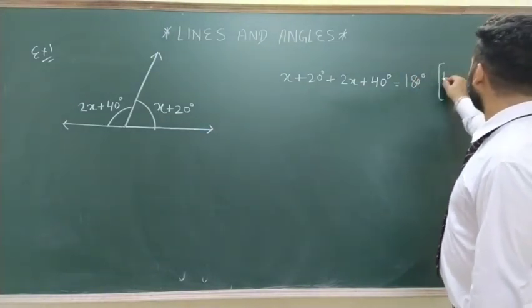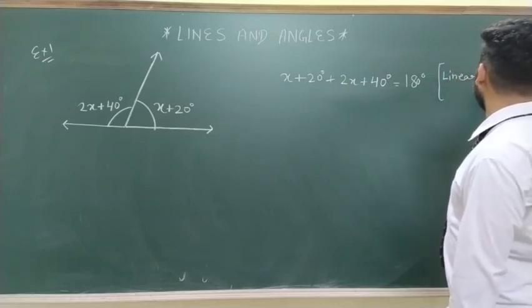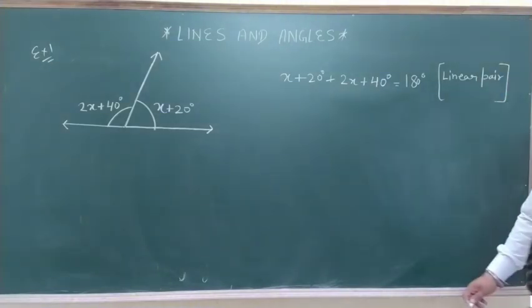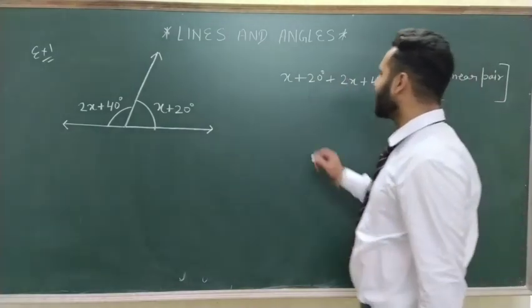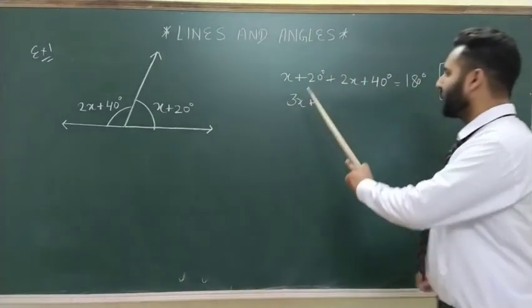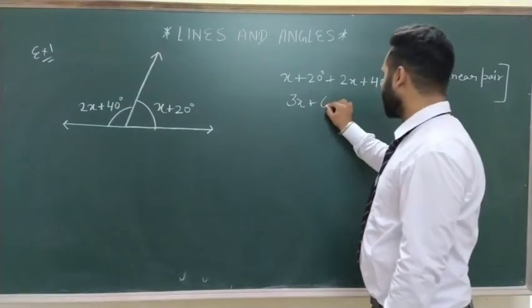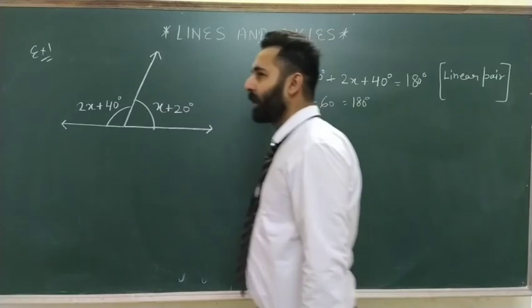The reason we will write is linear pair. So now we will add the like terms. x plus 2x will become 3x, plus 20 plus 40, which will become 60. And the sum is 180 degrees.